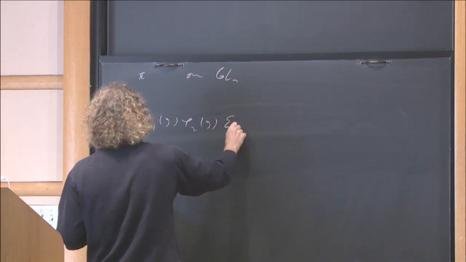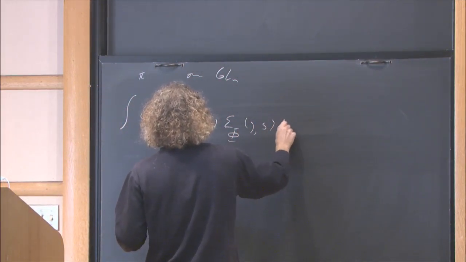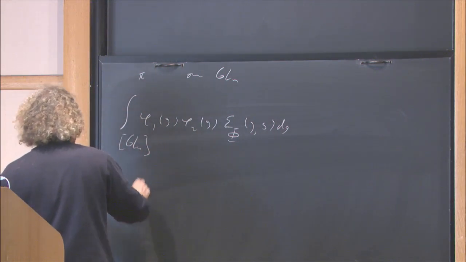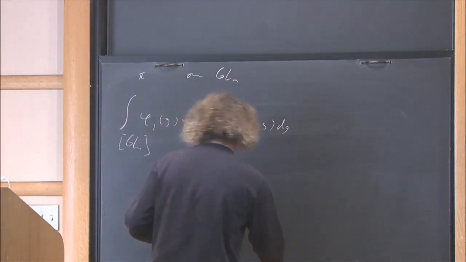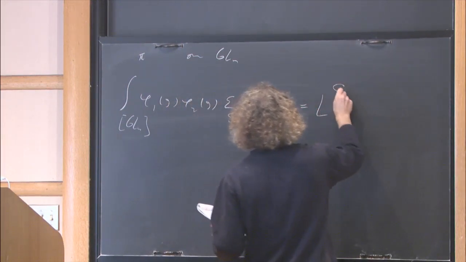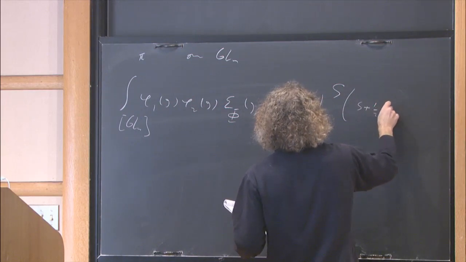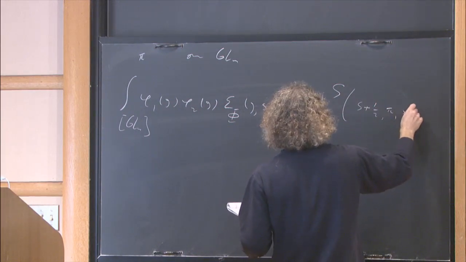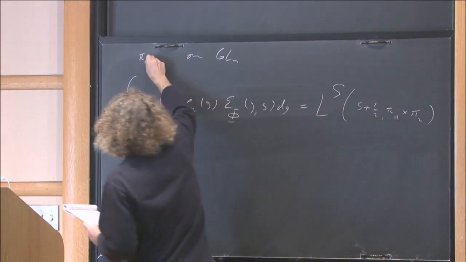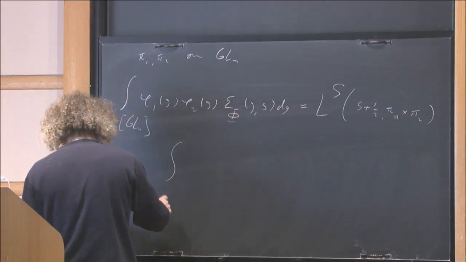Now we have the Eisenstein series, which I will define in a second, and that will unfold to, so you get the pi_1, pi_2, or pi times pi check. Let's say pi_1, pi_2, and then the integral.